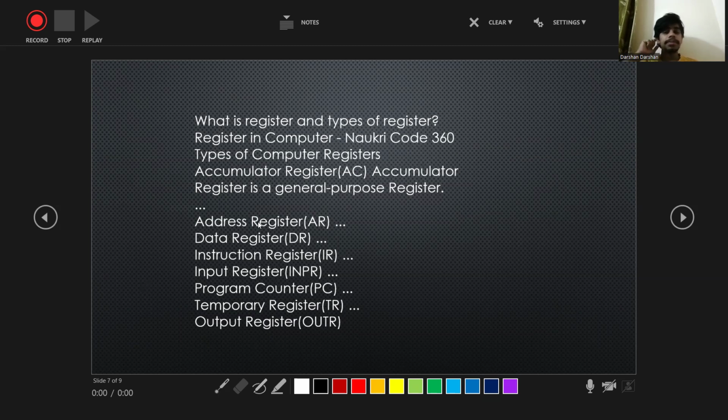Here you can see some of the types: address register (AR), data register (DR), instruction register (IR), input register (INPR), program counter (PC), temporary register (TR), and output register (OUTR).